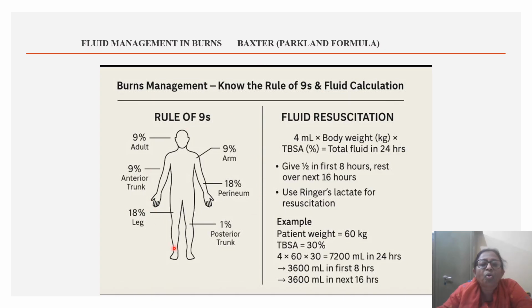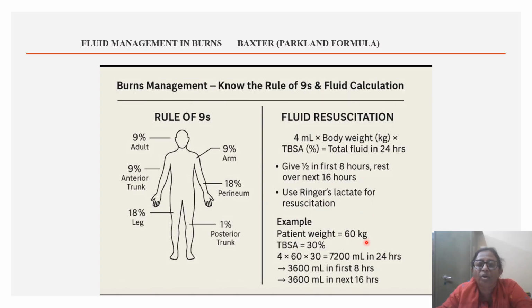Here you can see the rule of nines. Fluid resuscitation: 4 ml into body weight in kg into total body surface area percentage of burns equals total fluid in 24 hours. Of that total amount, give half in the first 8 hours and the rest over the next 16 hours. So Ringer's lactate is usually used.